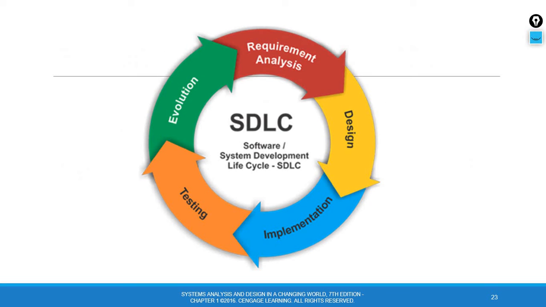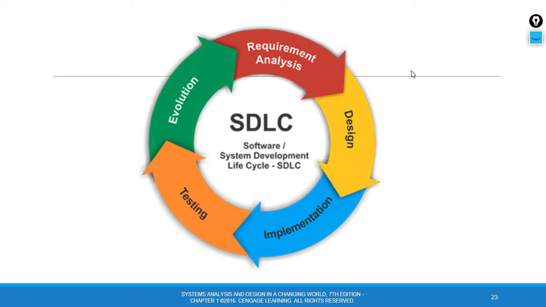To manage a project with analysis, design, and other development activities, you need a project management framework to guide and coordinate the work of the project team. So the SDLC, or System Development Life Cycle, is a framework that identifies all the activities required to develop and maintain an information system.